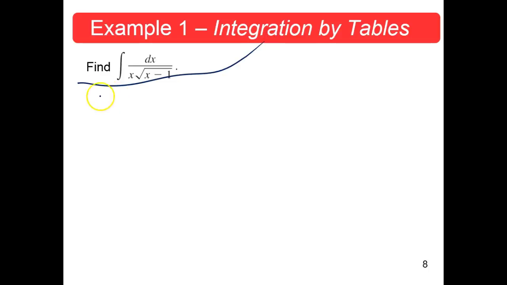Here's example 2. Find the integral of x times the square root of x to the 4th minus 9 dx. Okay. Now, where would you go for a problem like that? What would be your approach?